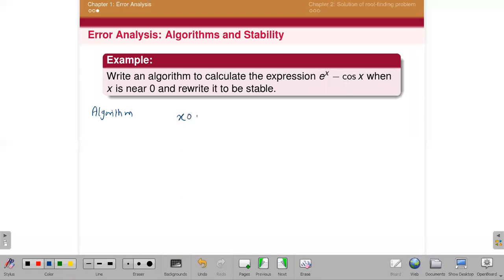Suppose I'm writing x naught, if I'm taking 0.001, suppose, means x is near to 0, you can take 0.1, 0.01, any number you can take. X1, in the next step, I will calculate e raised to power x naught. Then in the second step, I will write cos x naught. Then in the next step, I will write x1 minus x2.